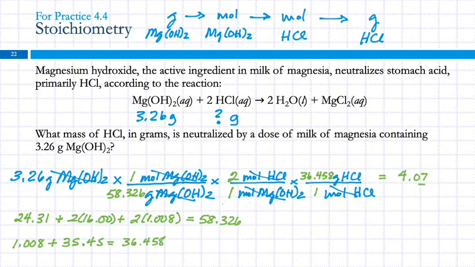There's my 3 sig figs. I'm going to write down 2 extras, 5.4, and this is going to be grams of HCl. And then I can round that to 4.08.